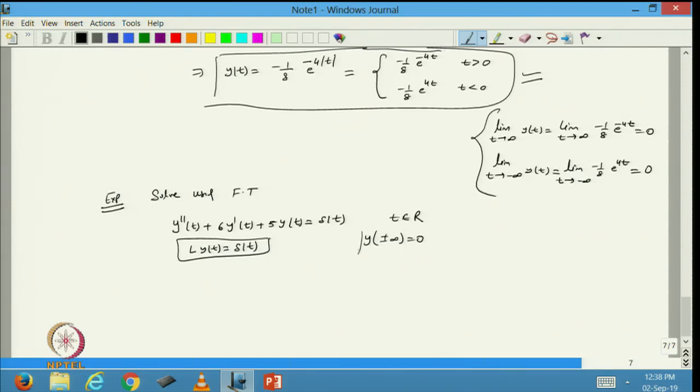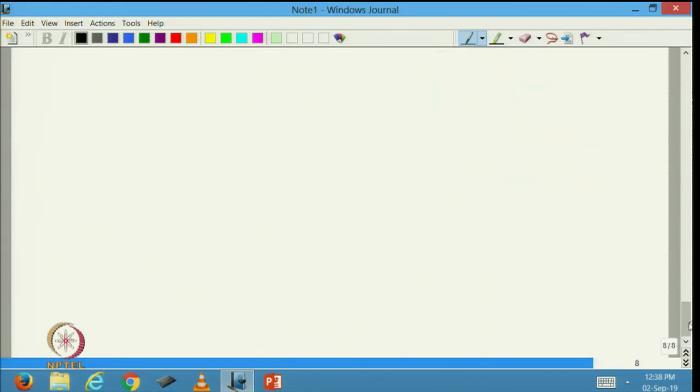This is understood because it is not given in the differential equation, but whenever it is told to solve by the Fourier transformation, then this is already satisfied.